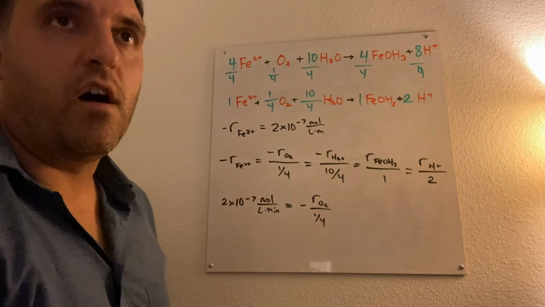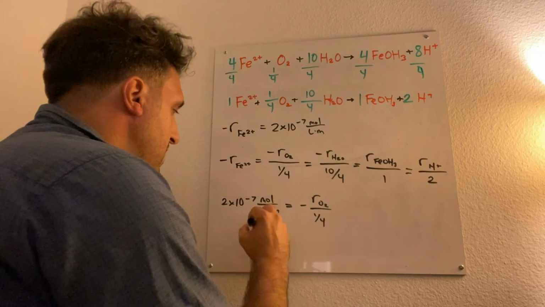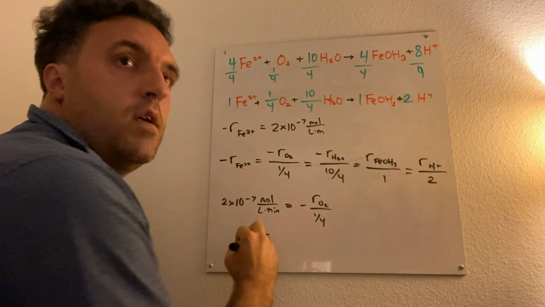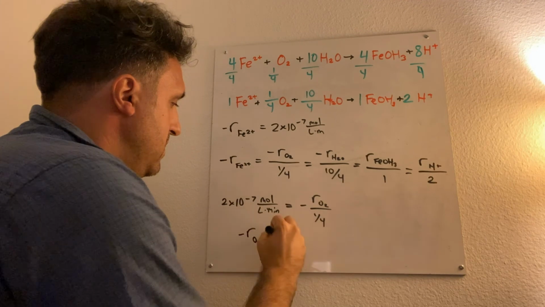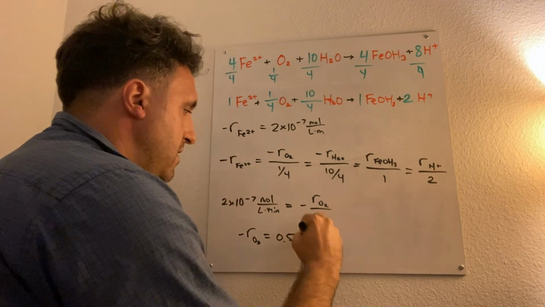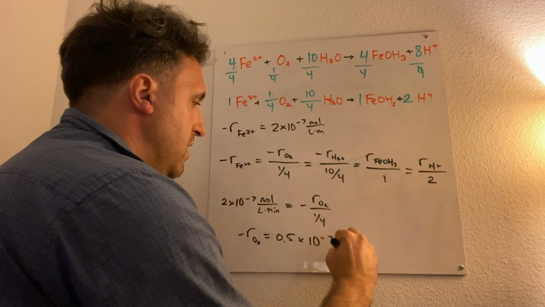We solve for RO2 and that gives us a value of 0.5 times 10 to the negative 7th moles per liter per minute.